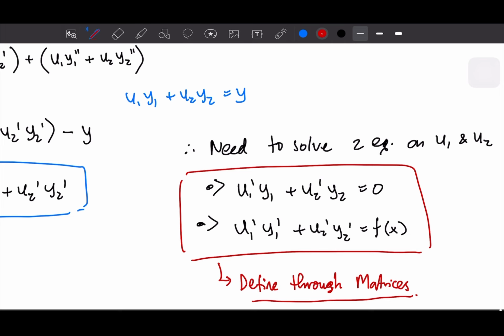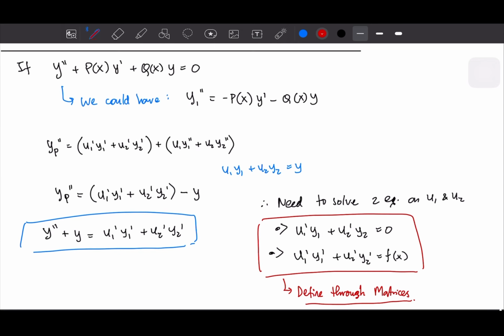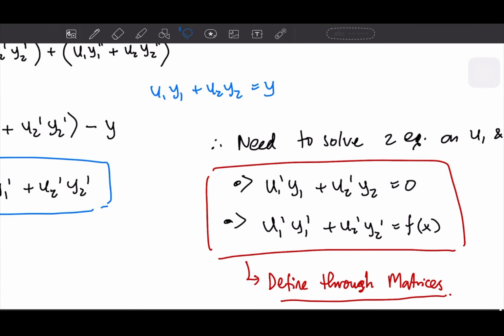But before we define it through a matrix, we can try our best to solve this. Let me go to a new page. Maybe we'll copy this first.